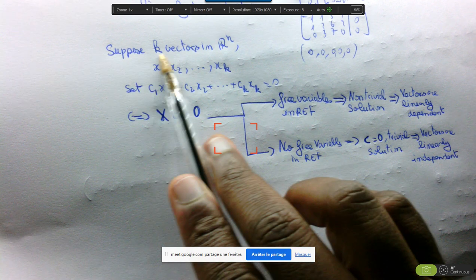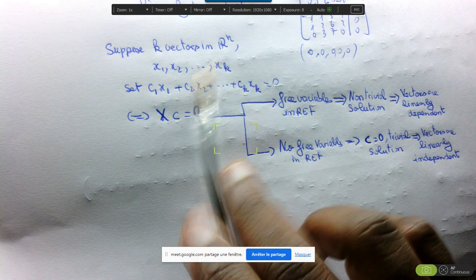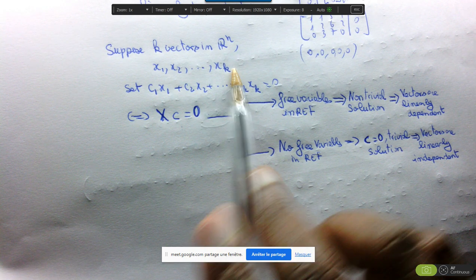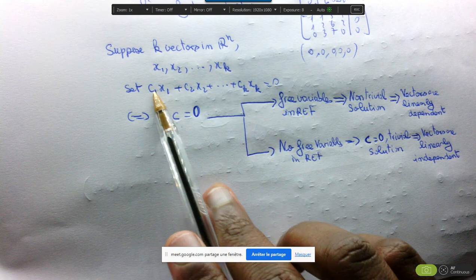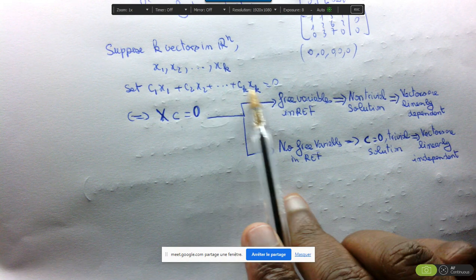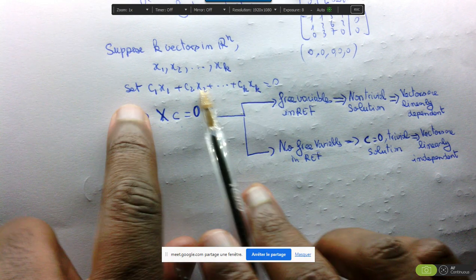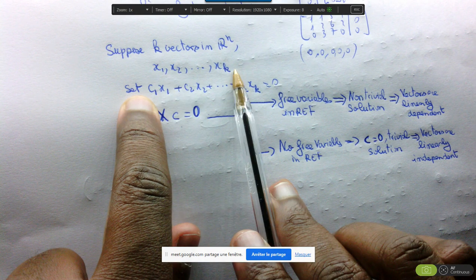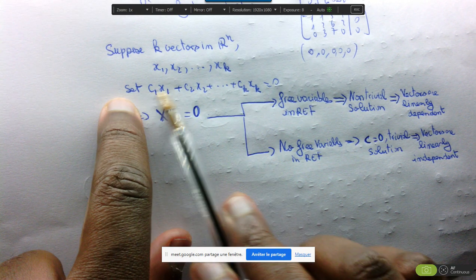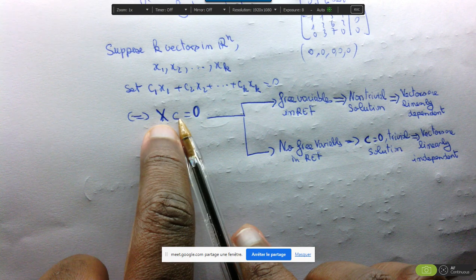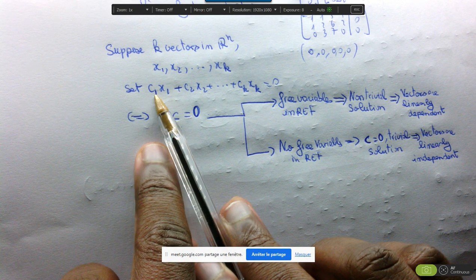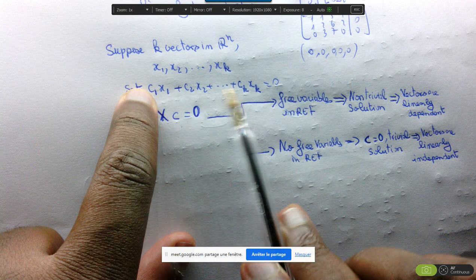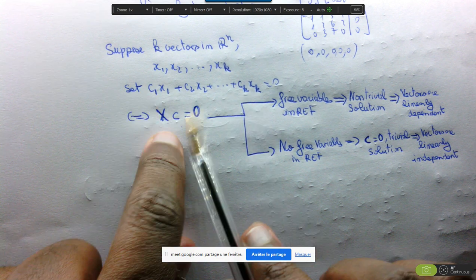Suppose that you have k vectors in Rn, and those k vectors are x1, x2 all the way to xk, and suppose that you have these linear combinations. Now if you want to find whether these vectors are linearly independent, we need to set this. Now c that is here is the vector that contains these values c1, c2, c3 all the way to ck.